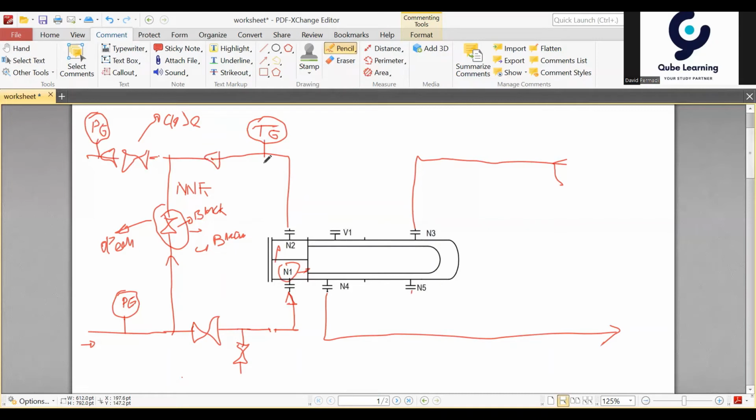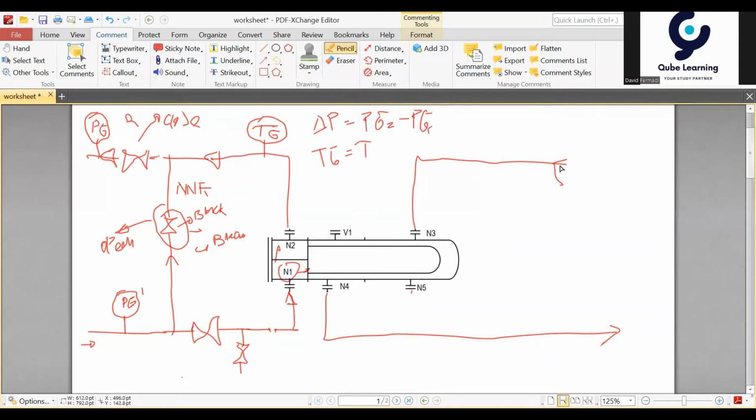We can observe the TG and compare both PGs, and then we can calculate the differential between PG1 and PG2. So as a result we have delta P, and also for the TG we can observe the temperature itself.